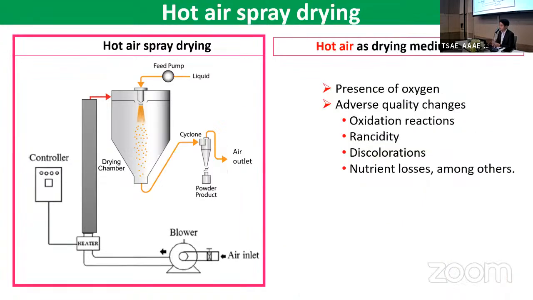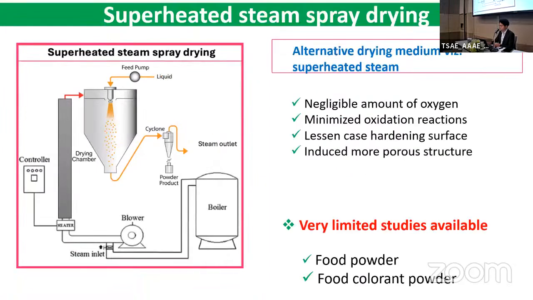The main concern is that air is used as a drying medium. Oxygen in the air, however, can participate in oxidation reactions, which may in turn lead to adverse product quality changes, including rancidity, discoloration, and nutrient loss, among others.